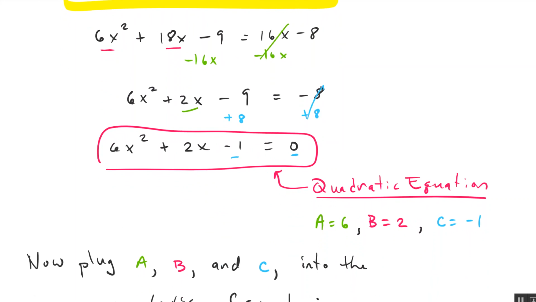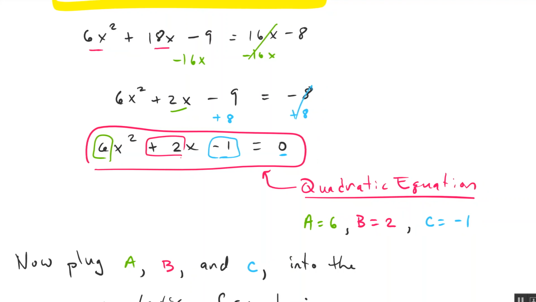And we can identify our a, our b, and our c. Our a is 6, our b is positive 2, and our c is negative 1. And we have them here on the right just so we don't forget them.